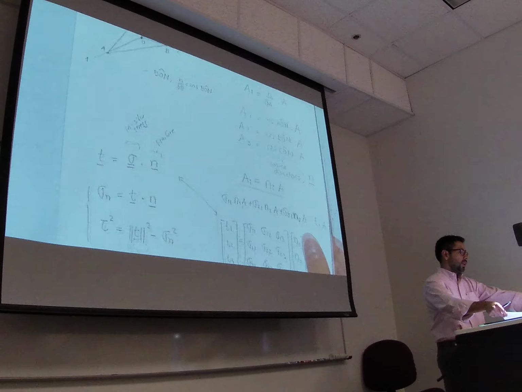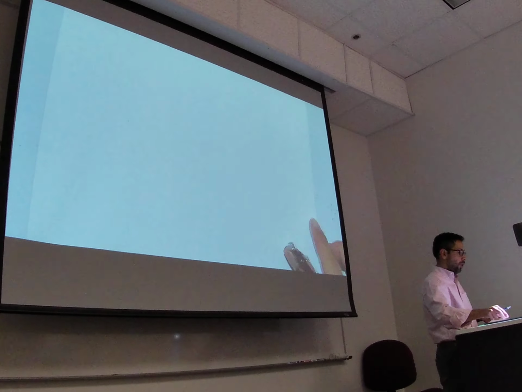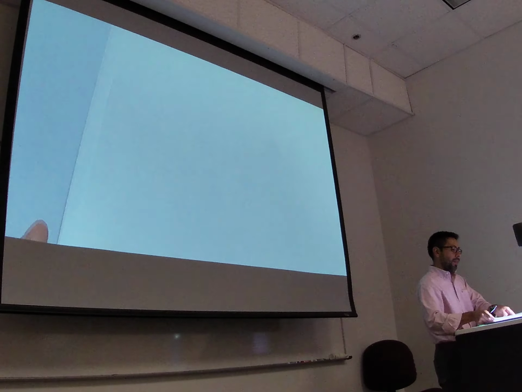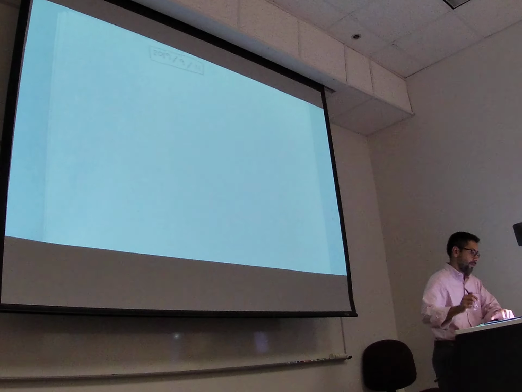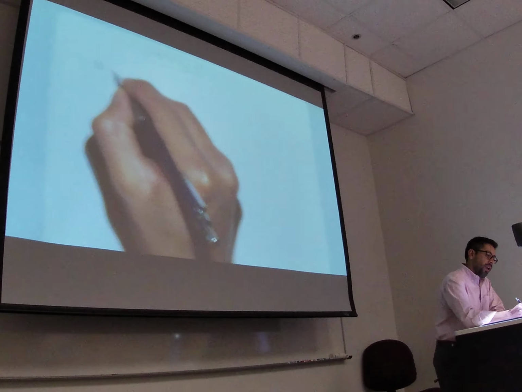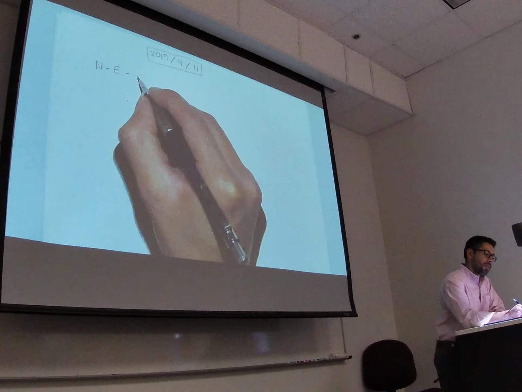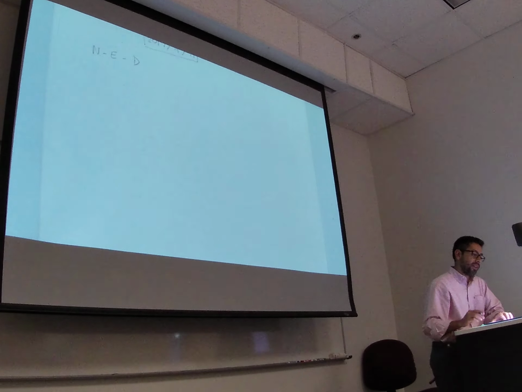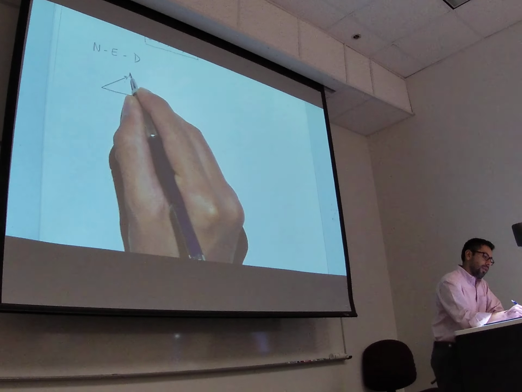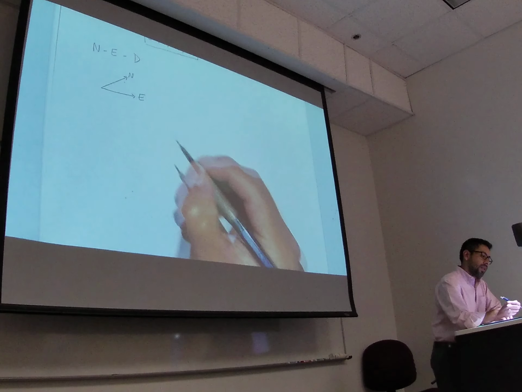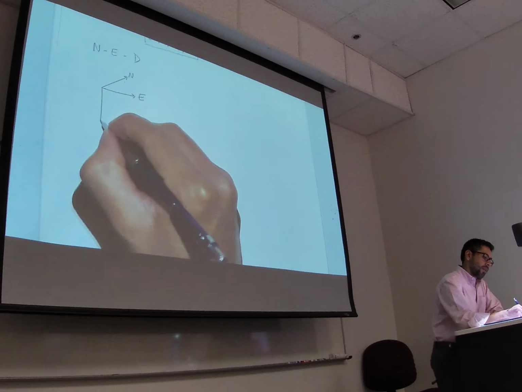And that coordinate system is going to be the coordinate system NED, where N is the first element, E is the second element, and D is the third element, and N is the north, E is the east, and D is the direction going down.